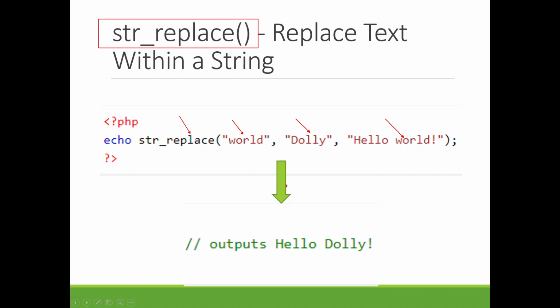Now the first argument here is what we want to replace. So we want to replace this on this string with this. What we're saying is search for world and change it to dolly. So this is going to output hello dolly.